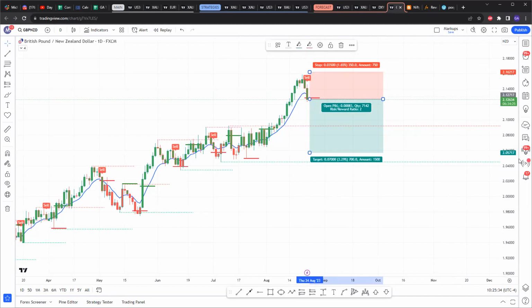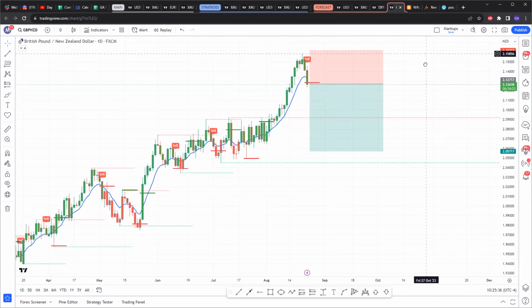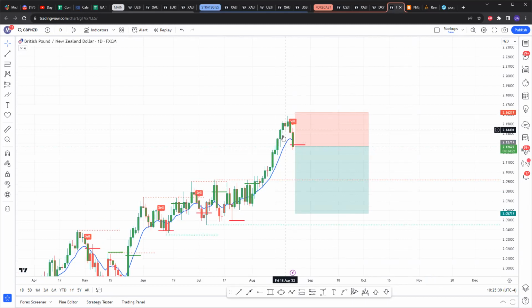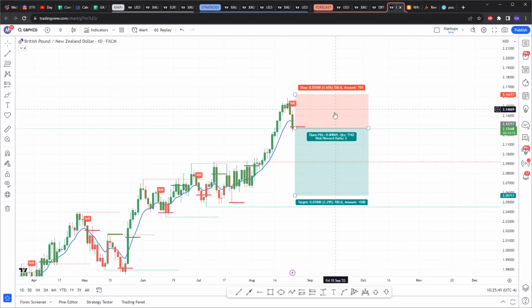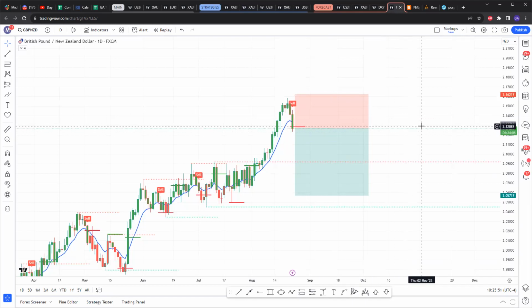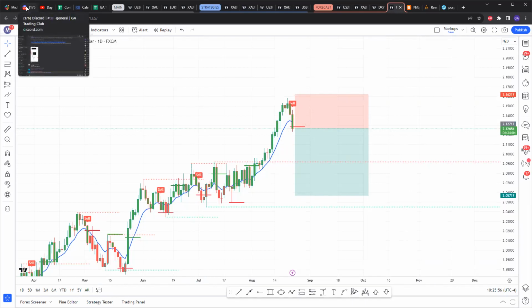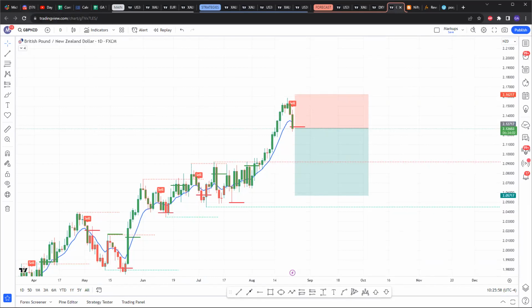If this daily closes either with a sell signal or closes below this, this will be a swing sell for GBP NZD. 350 pips stop loss, 700 pips TP. So this is one.